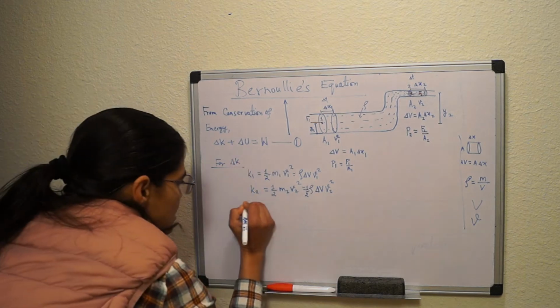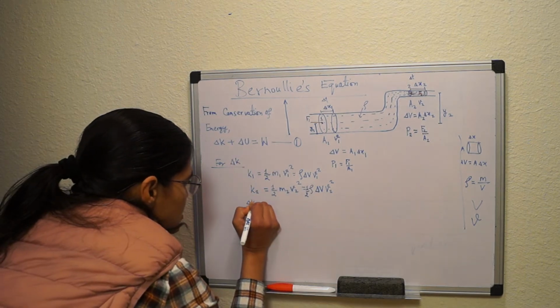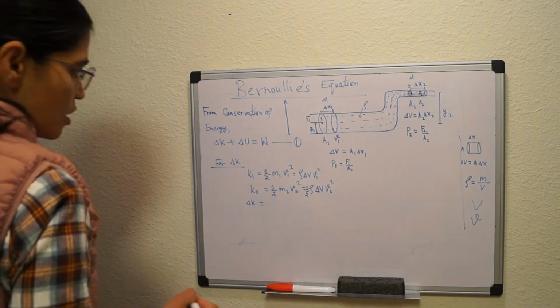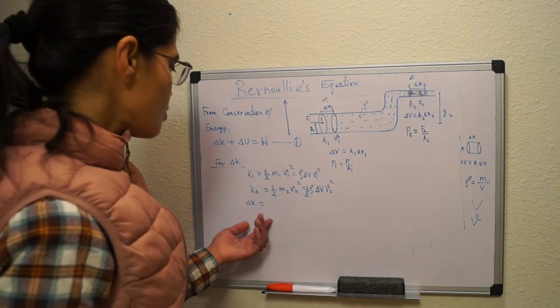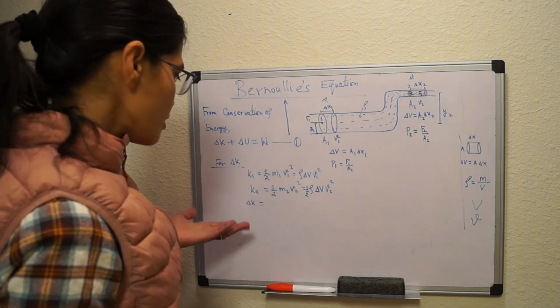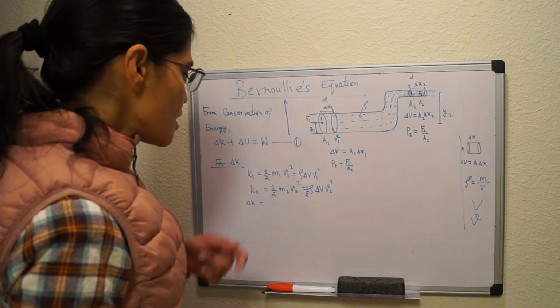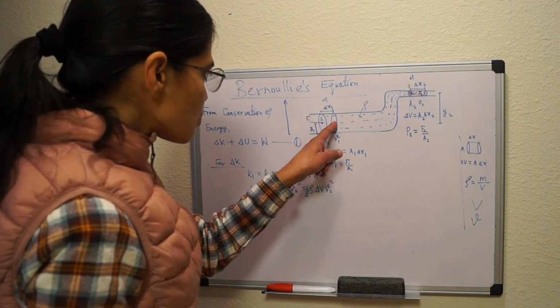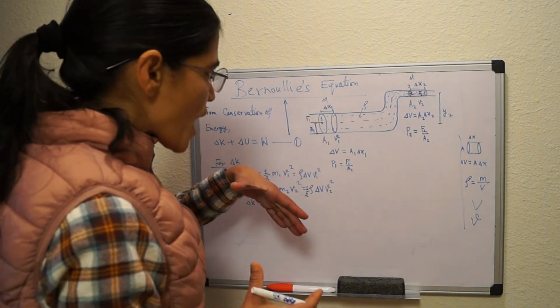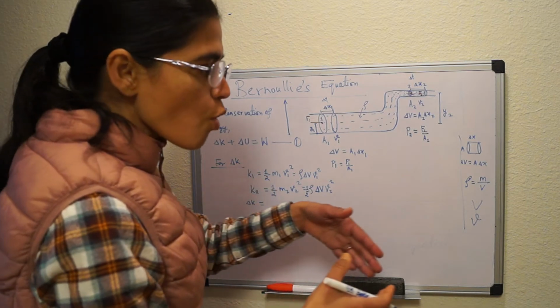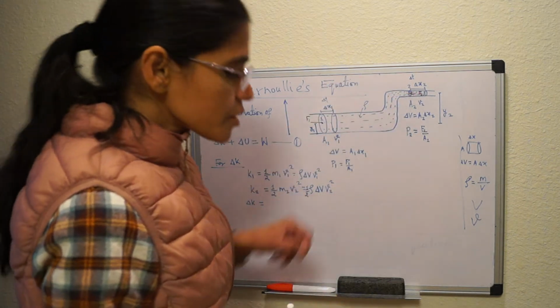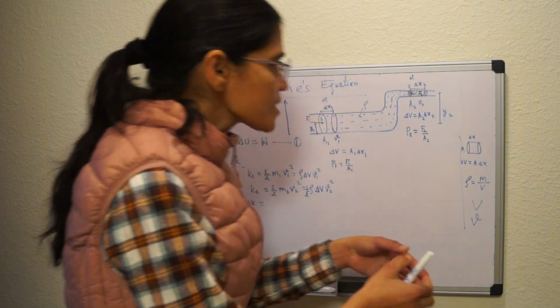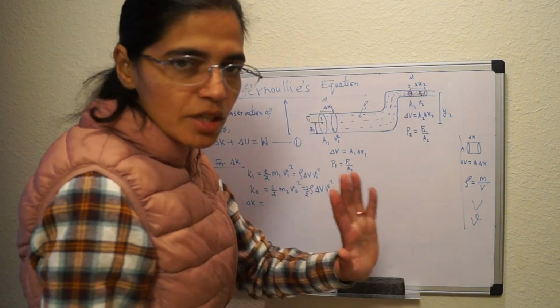Now, let's see the total change in kinetic energy, delta K equal to what? How do we know whether to subtract or add, or at least which one goes first? So let's look at this. At this point, the tube is really wide, so the speed of the fluid is slow. At this point, the tube is very narrow, speed is really fast, which means this speed must be greater, right?